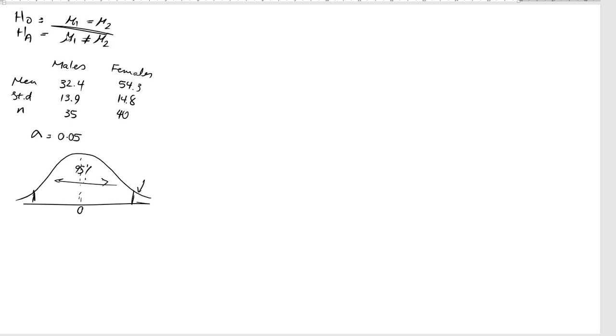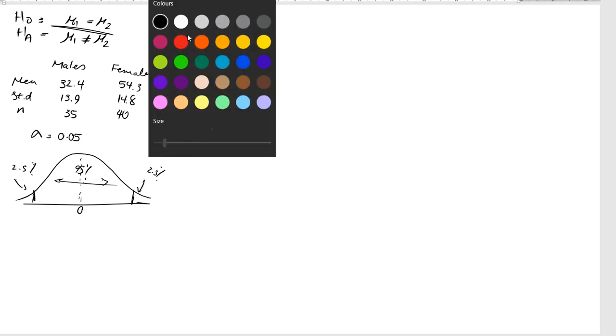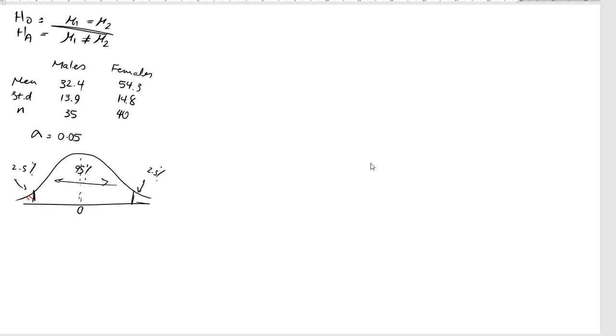So therefore, this is a 2.5% rejection area. This is another rejection area, 2.5%. So I just highlight the rejection area. It's quite important. Always highlight the rejection area. This is also a rejection area. Okay.